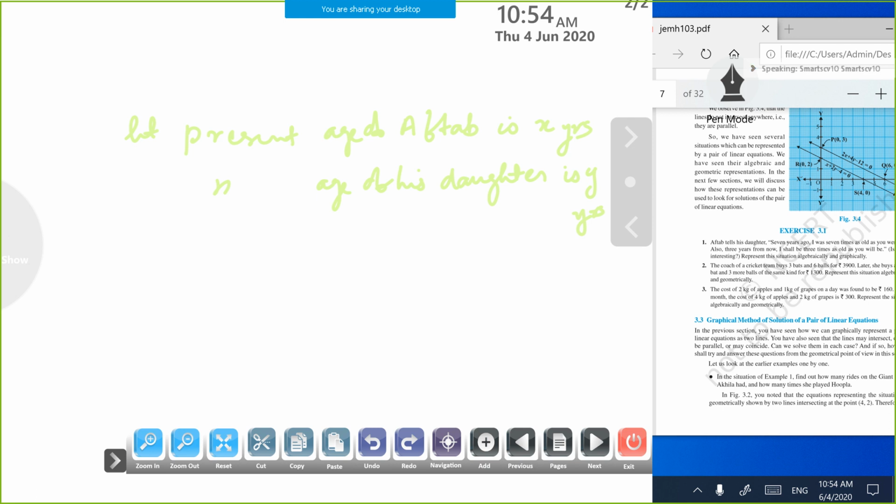Present age of Aftab is x years and his daughter is y years.